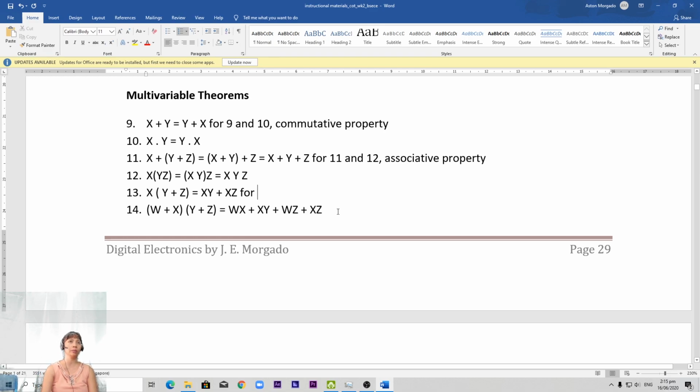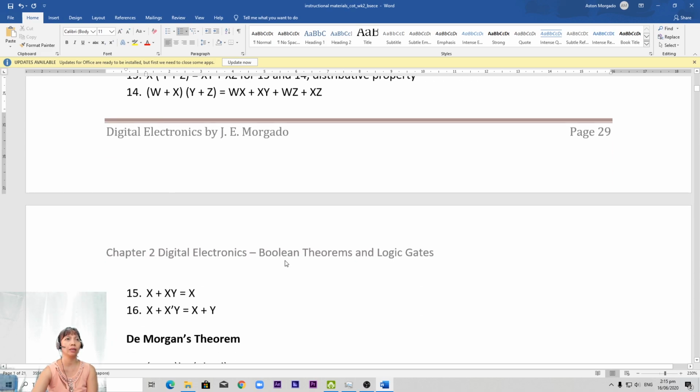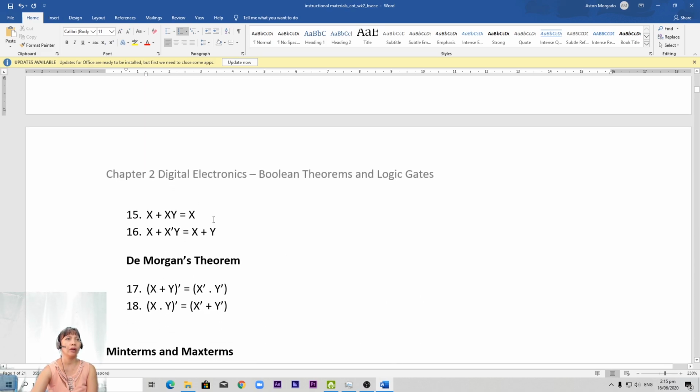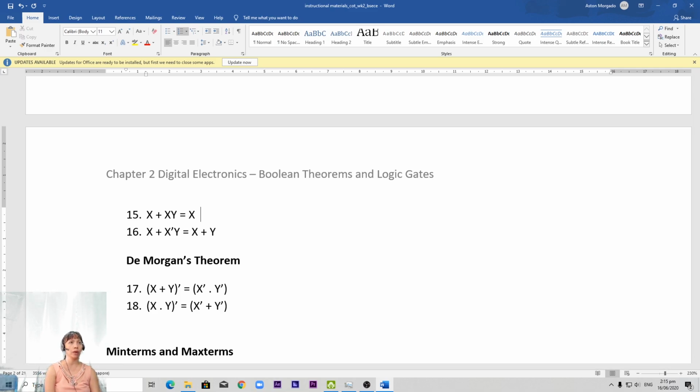So what do we call that property? For 13 and 14, we call it distributive property, same as in algebraic functions.